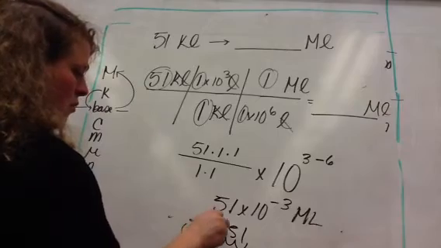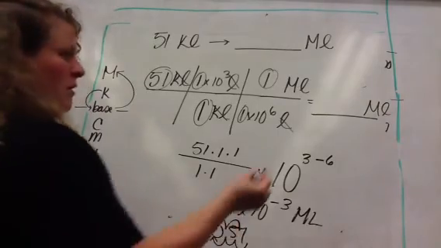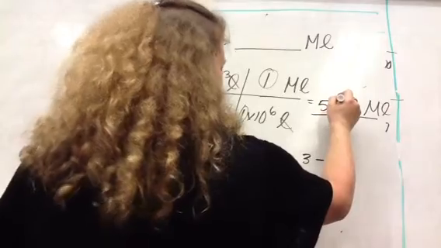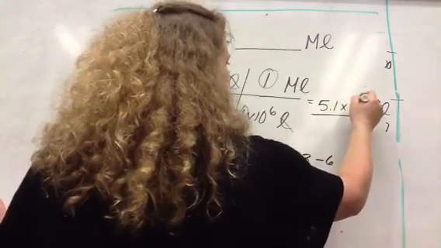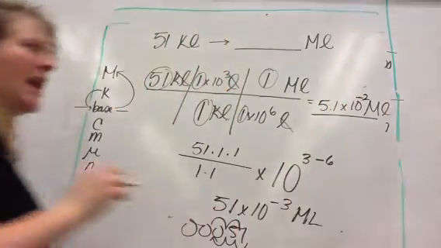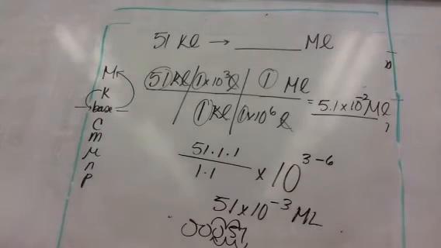Three, 1, 2. So we have 5.1 times 10 to the negative second megaliters. Does this feel easier so far? Okay. I find that doing it with the powers seems weird at first, but once you get the hang of it, man, is it simple.